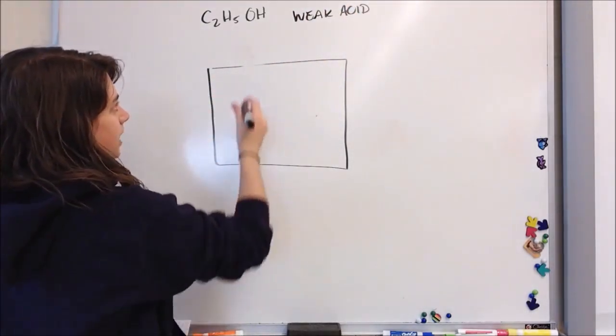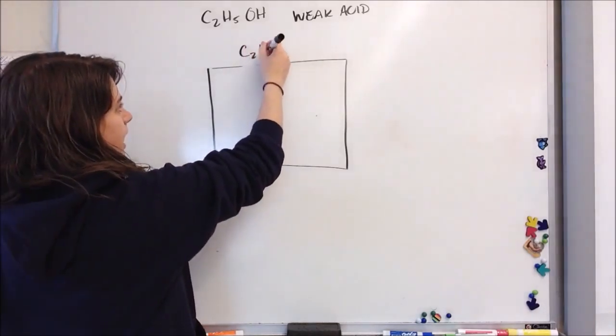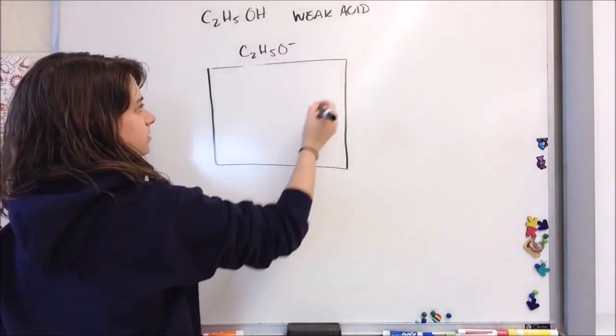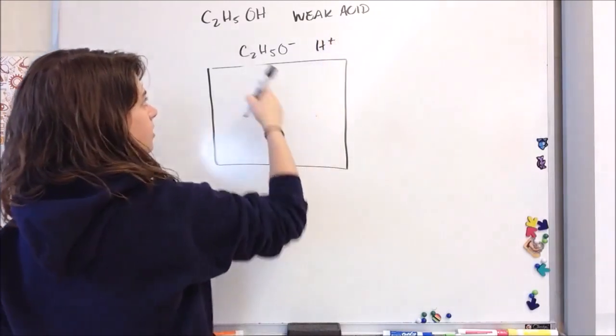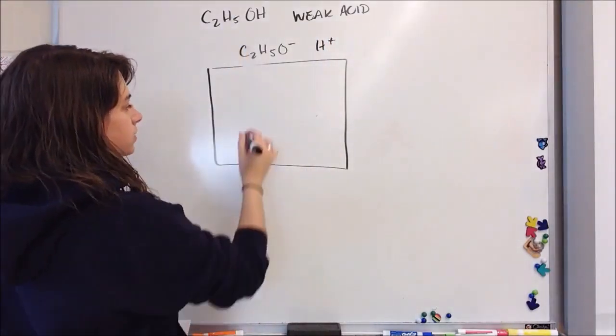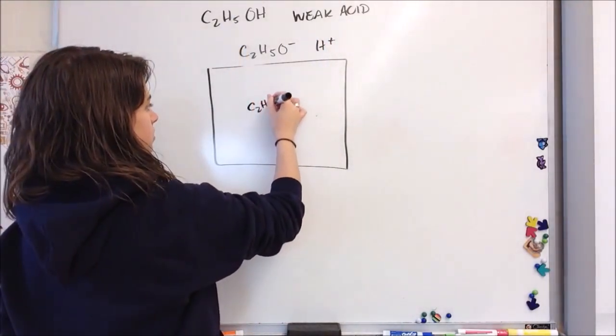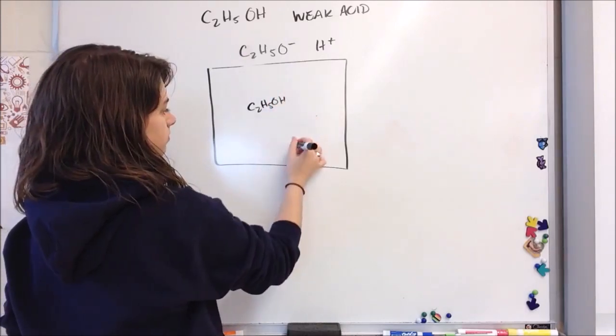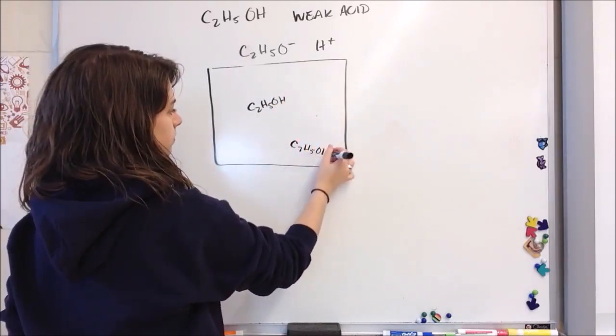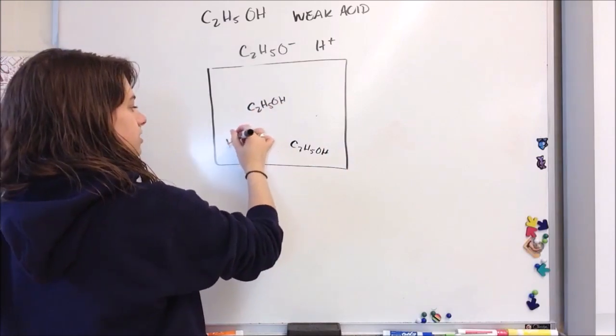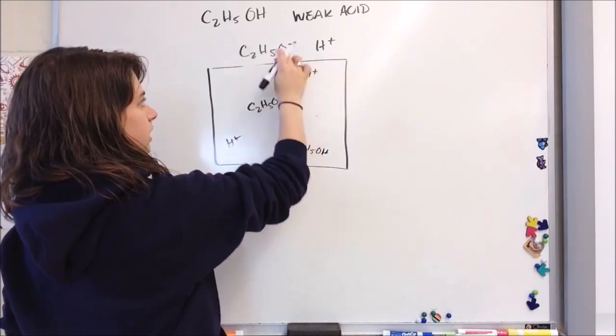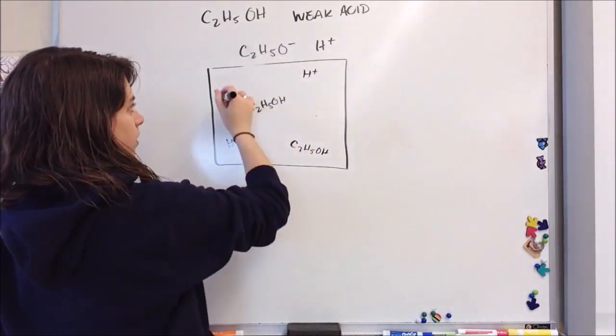So when we see this break up, we're going to see our C2H5O minus. We're also going to see H plus, but we're also going to see our original compound. So I'm going to see some C2H5OHs, but I'm also going to see some H plus, and I'm also going to see some C2H5O minus.